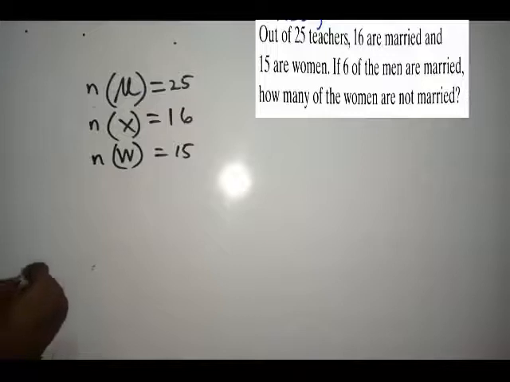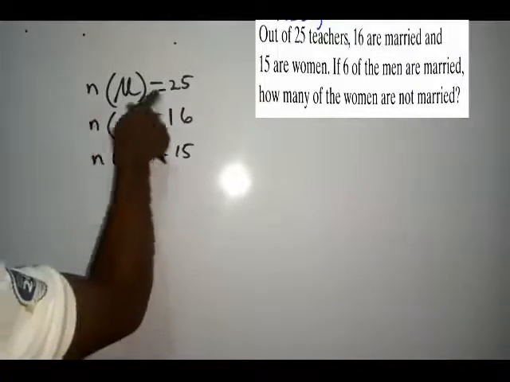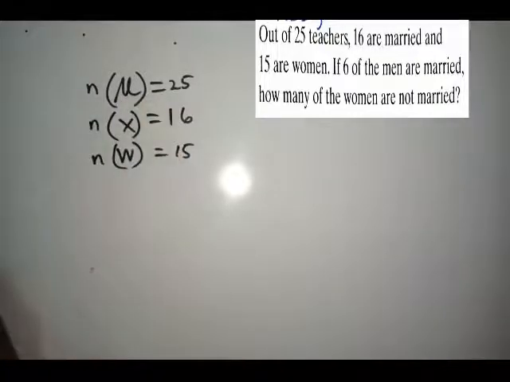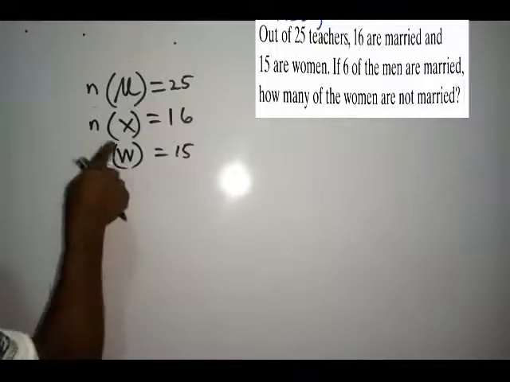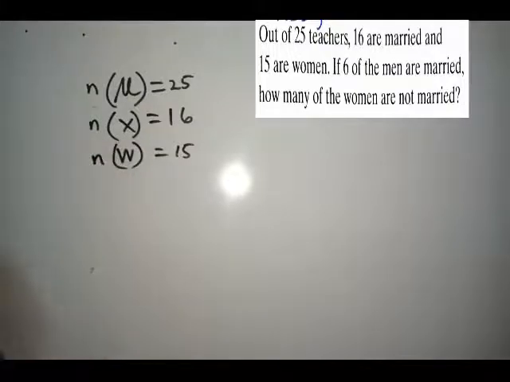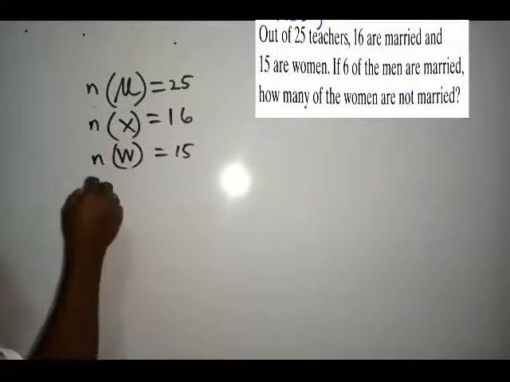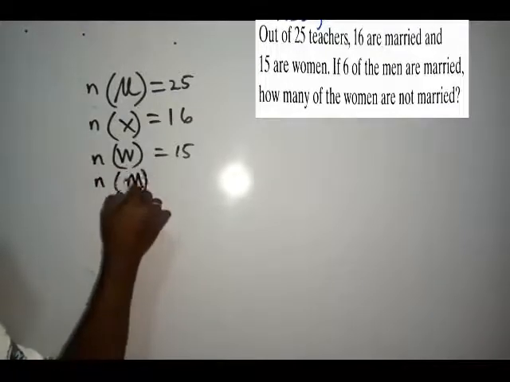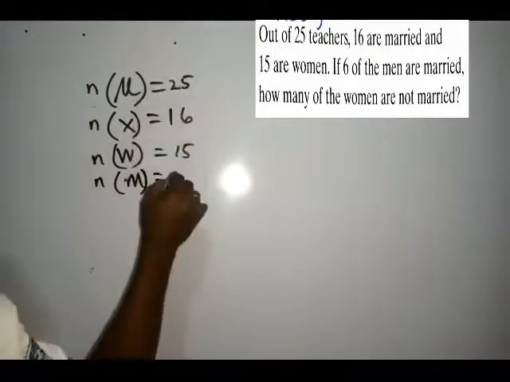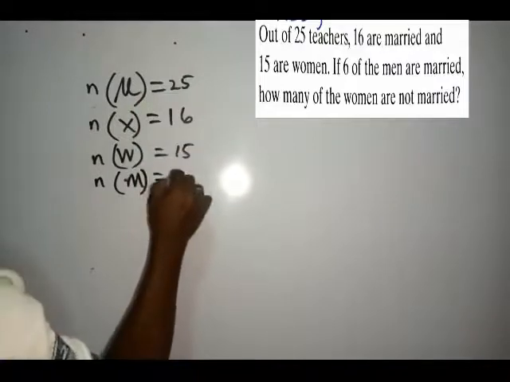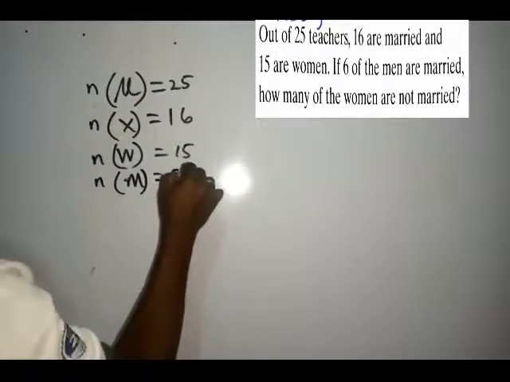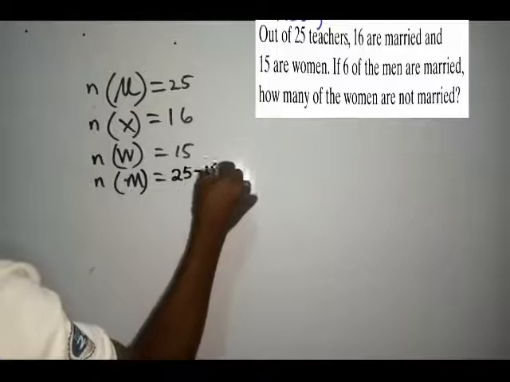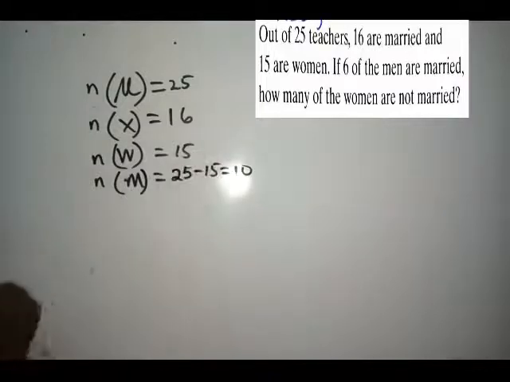Before we move to that, if we have 25 staff and we have 15 of them to be women, then we can always know the number of men. We can know the number of men by subtracting the number of women from the total number. That will give us 25 minus 15, which is 10. So let's continue.